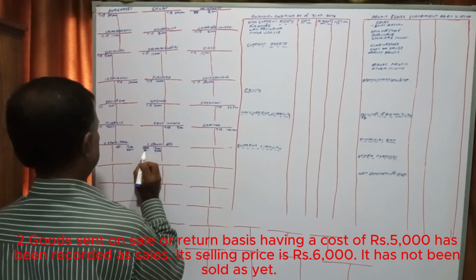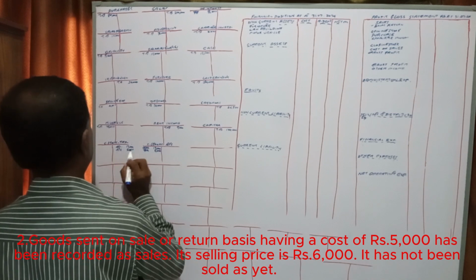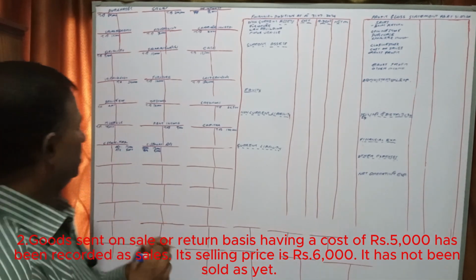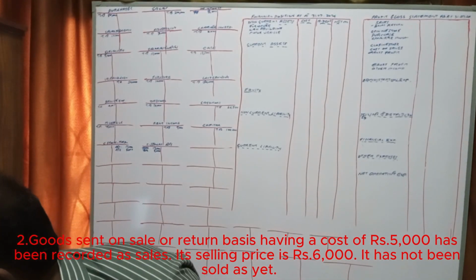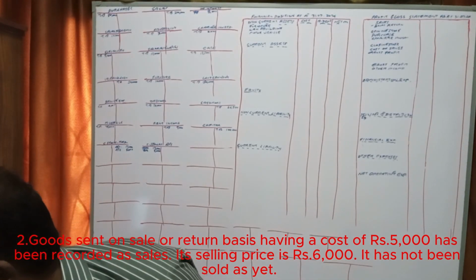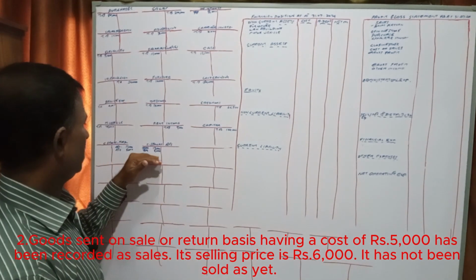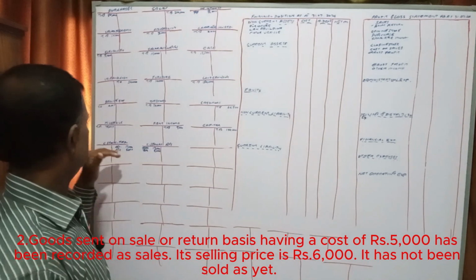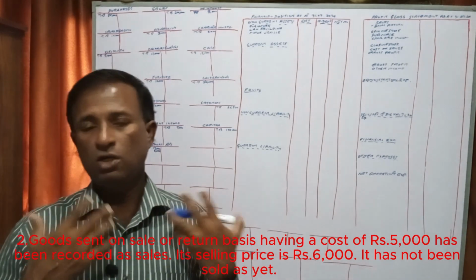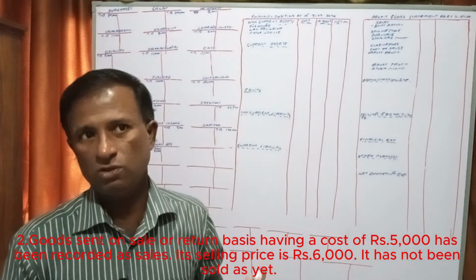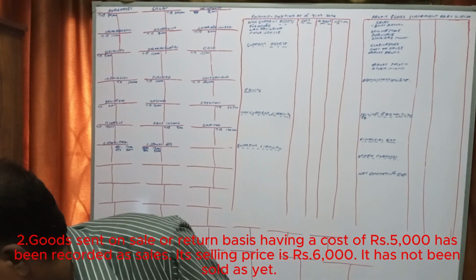Trading and balance sheet, okay? 5,000 and 5,000. The goods sent on sale or return basis having a cost of 5,000, we have added to the closing stock because it has not been sold. It should have been in the stock. And the selling amount is 6,000.